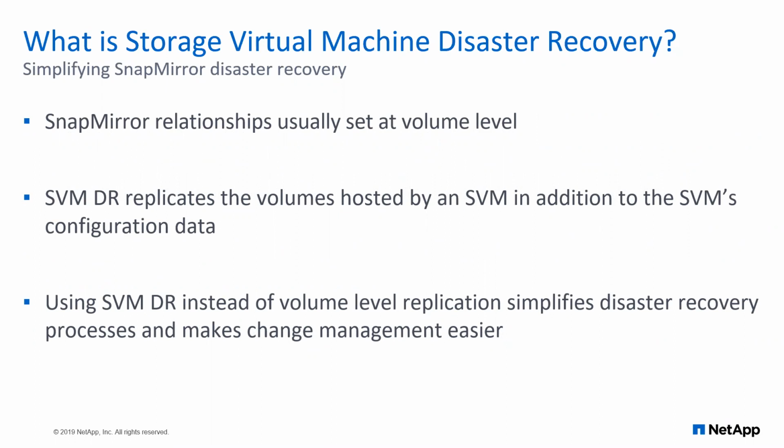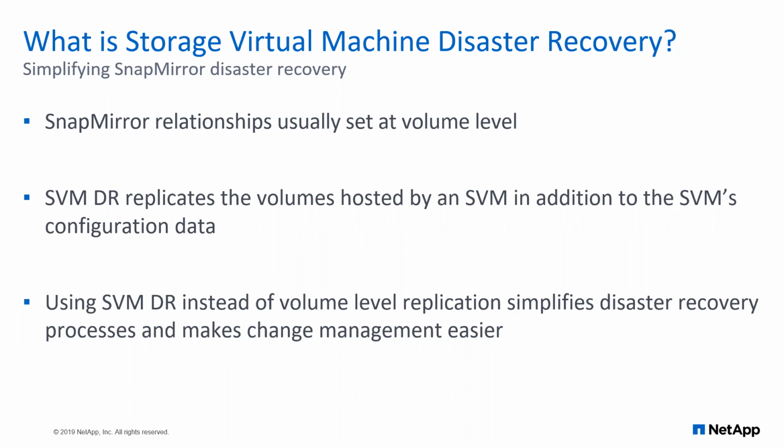Basically, if you have a SnapMirror source and a SnapMirror target, any changes that you make on the source side in terms of the number of volumes or the configuration of the SVM, if you add a volume and you're not using SVMDR, you're going to have to create another volume level SnapMirror relationship in order to protect that volume.